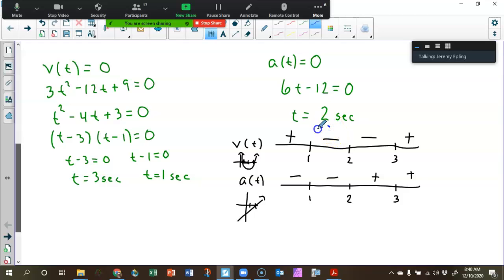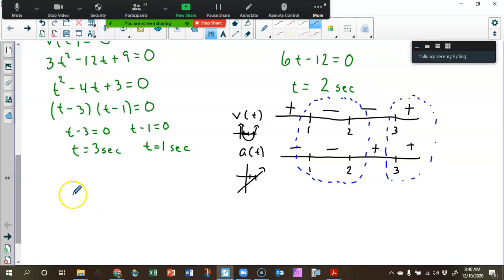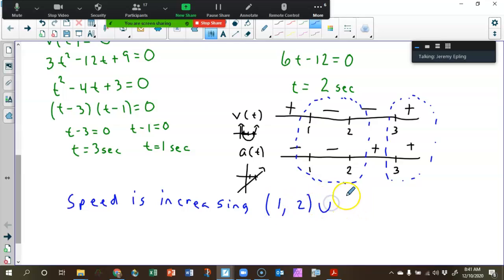I'm interested in where we have the same signs, where velocity and acceleration are working together. And that's happening between 1 and 2 seconds, and from 3 to infinity. So our speed is increasing from 1 to 2 seconds, unioned with 3 to infinity.